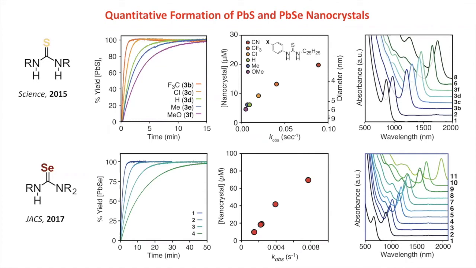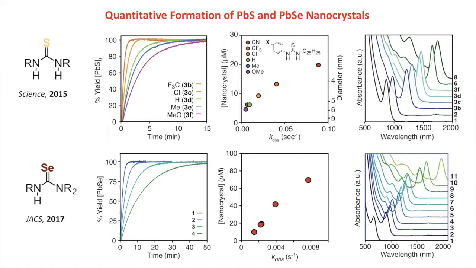In the case where you stop the reaction and cool it down, you actually throw away a bunch of material, and you're left separating the crystals from all this lead oleate and unreactive starting material. And that has caused a lot of problems in the community. This method of controlling size is a better method because it uses up all of the added lead and sulfur, and it allows you to dictate the amount of excess lead that's present for passivating the crystals, and it simplifies the purification procedures.